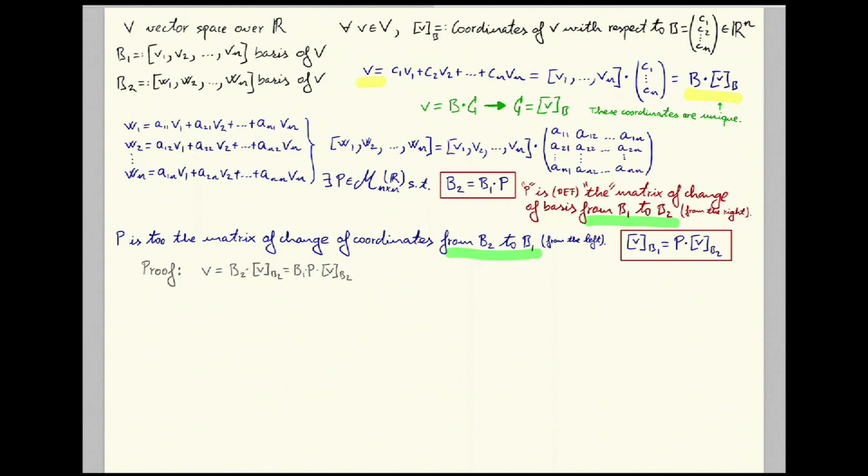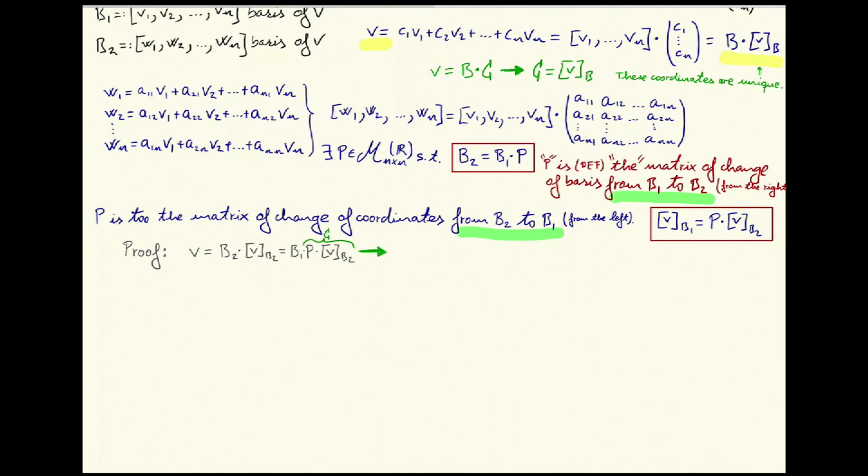And now we apply the result that we got in green here. The idea is that this is playing the role of C, so certainly this implies that the coordinates of the vector with respect to basis 1 must be P times this, because the coordinates are unique. So anything that works as the coordinates must be the coordinates.